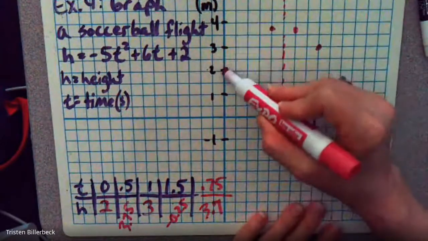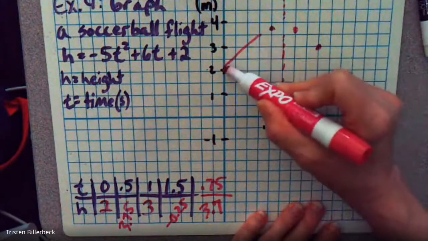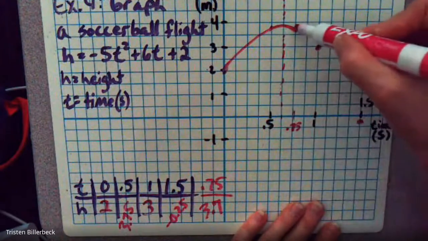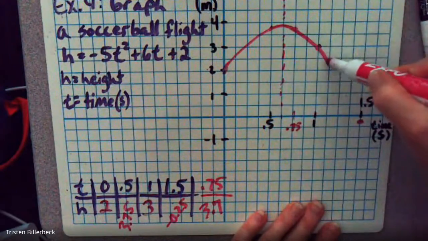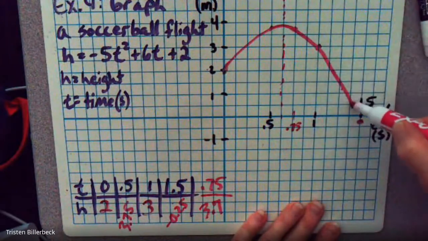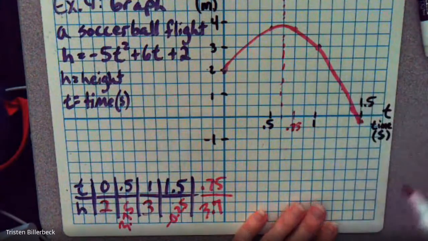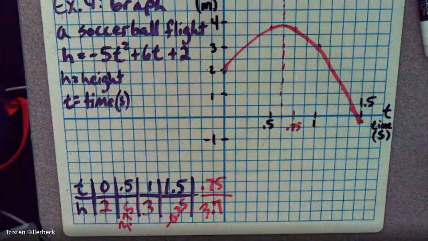All right, so we can graph like this, kind of around the mountain there, and come down here. So we see that it crosses right about here.